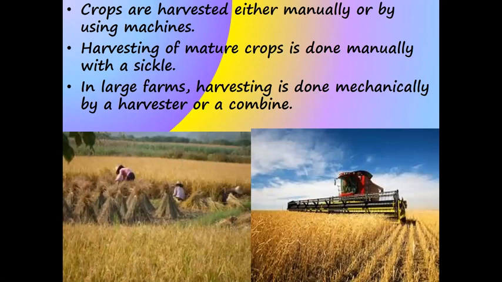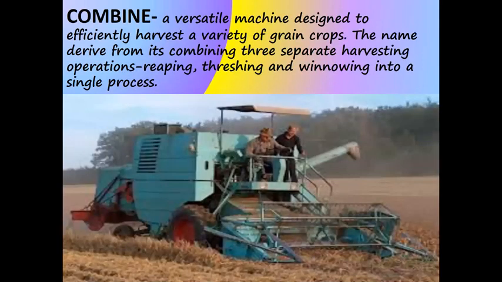Crops are harvested either manually or by using machines. Harvesting of mature crops is done manually with a sickle. In large farms, harvesting is done mechanically by a harvester or a combine. What do you mean by combine? It is a versatile machine designed to efficiently harvest a variety of grain crops.